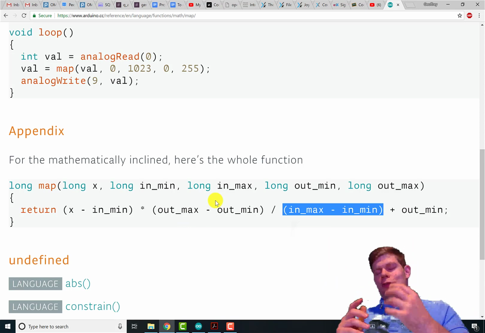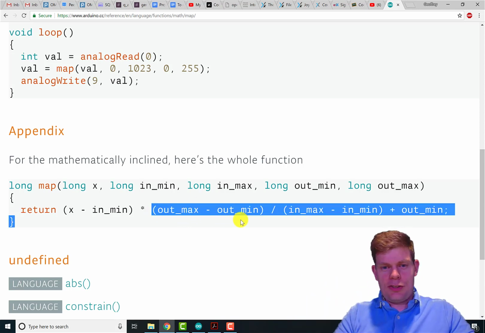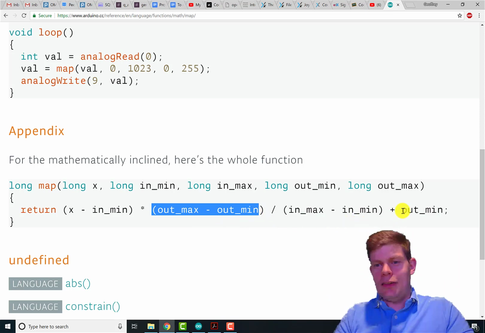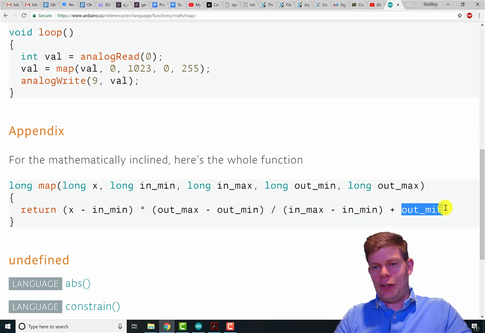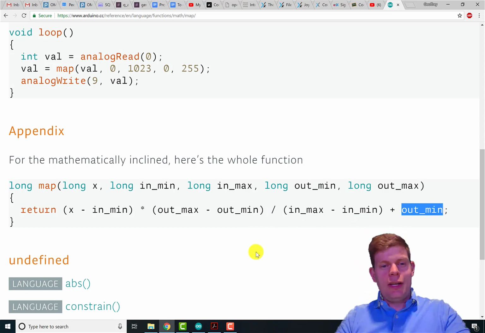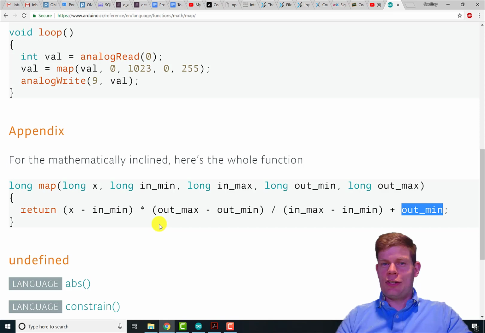So 75% of what? Is it 75% of 1,000 if this range is 1,000? Is it 75% of 100 if this range is 100? And then we've got to adjust depending on, are we starting at 0 or are we starting at 500 or whatever. Anyway, so that is the function. I hope this made some sense. Thanks for listening.